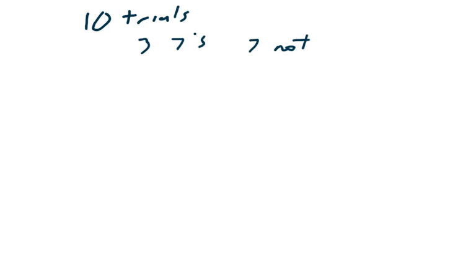We're trying to get a 1. So we have 3 1s and 7 that are not 1s.